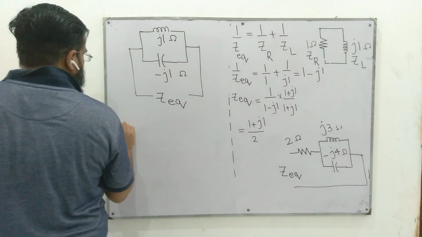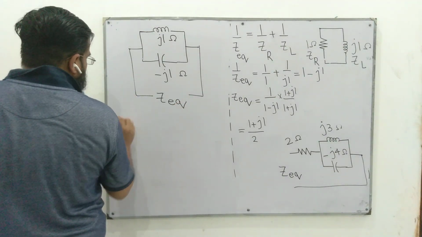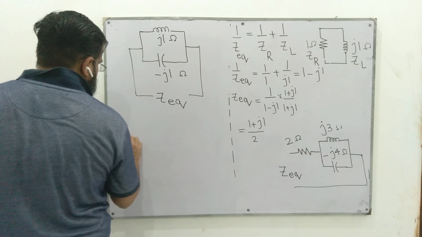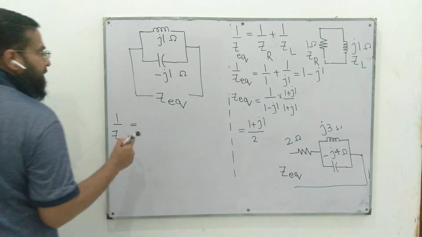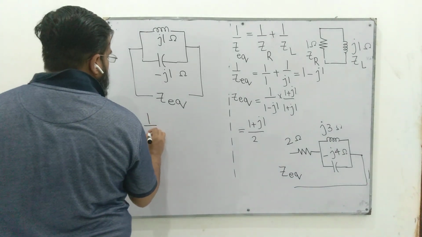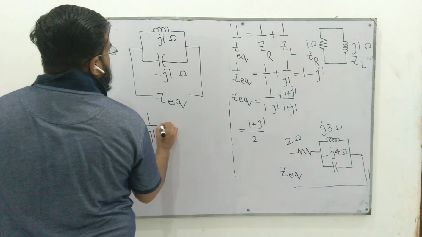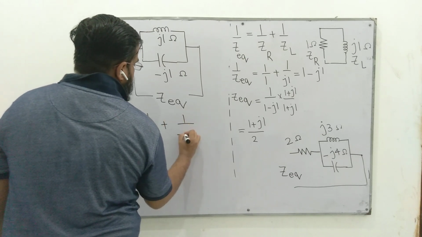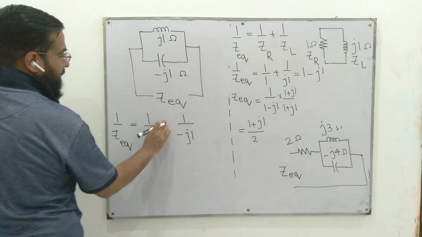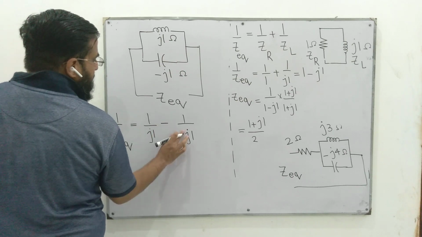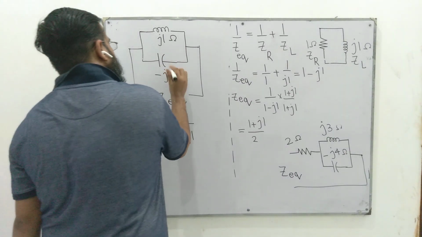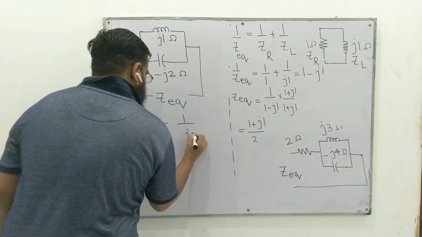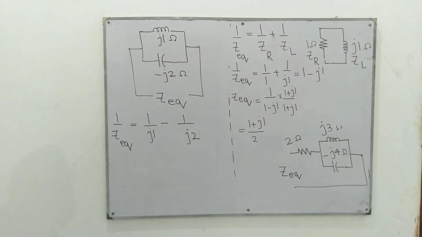This means since they are in parallel, we can also use the same formula which we studied in O levels, A levels, and FSc. This is 1 over J1 plus 1 over minus J1. This minus can be written here.